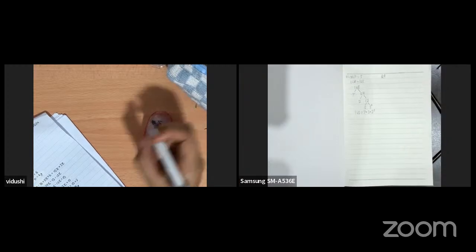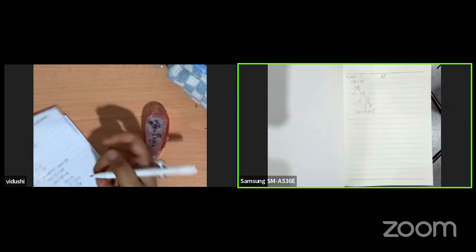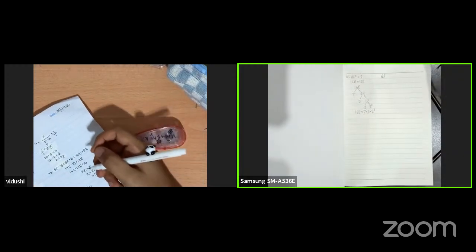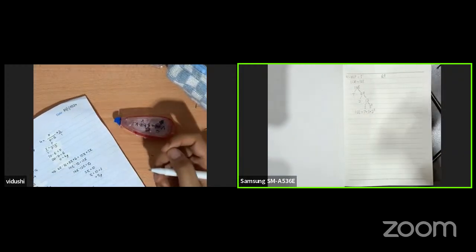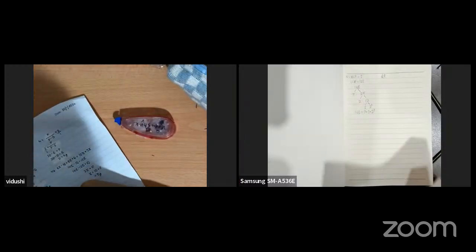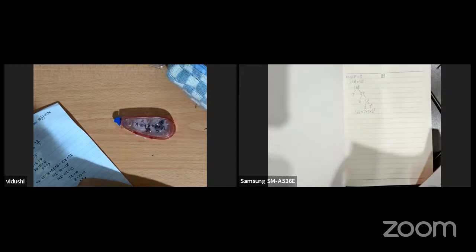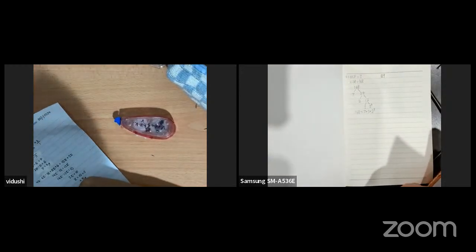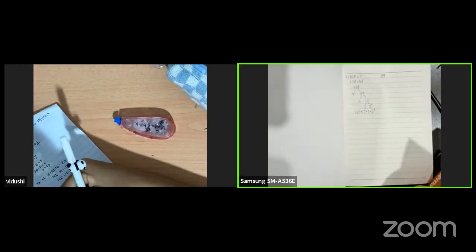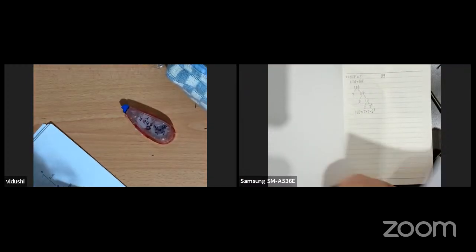One goes at this time, one goes at this time. If both of them depart at the same time, when do they meet again? That's similar to the one over here last time. So you feel it's something similar to what you have practiced before.